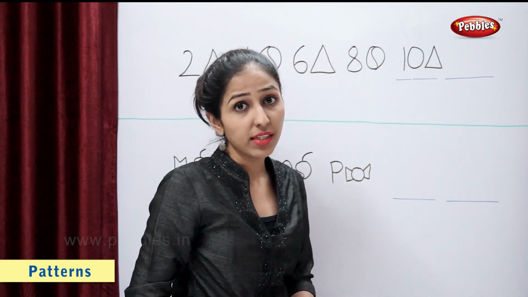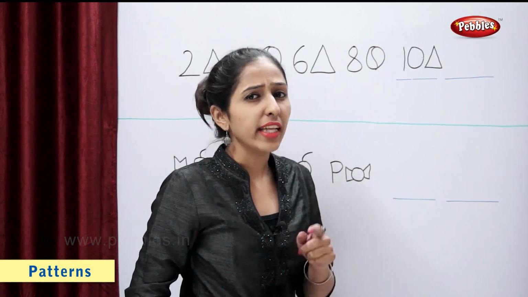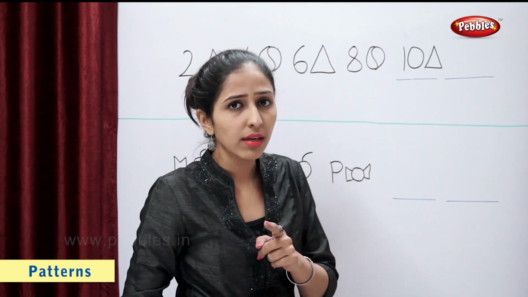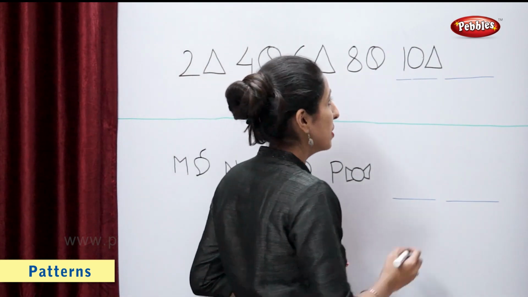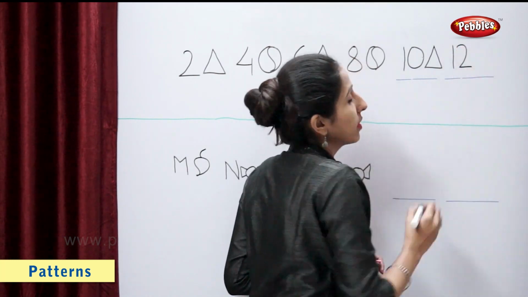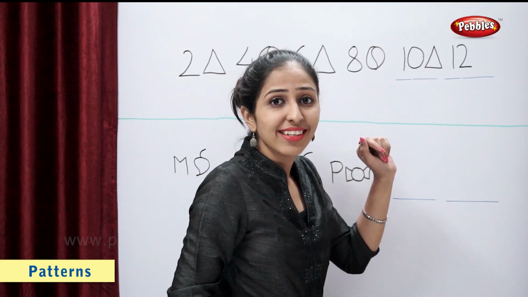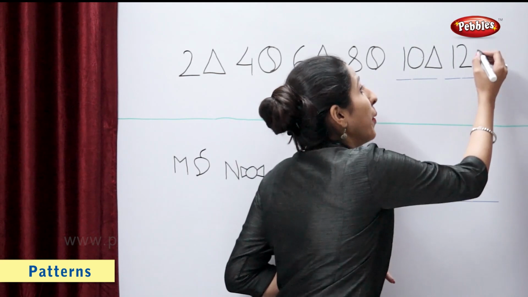Now tell me, students, which is the next number in the series? 10 plus 2 is? 12. Number 12. And the shape after triangle? Correct. Ball.